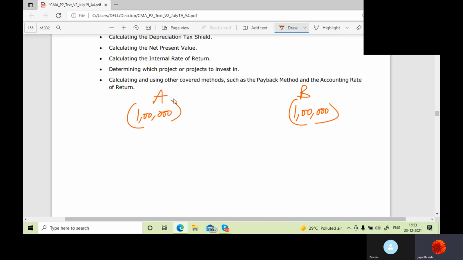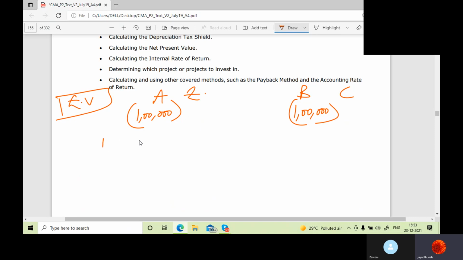Let's say you want to invest in the same project, that is, you want to manufacture electric vehicles, electric motorbikes, and you are selecting two geographical locations. One is Zahirabad in Telangana and one is Chennai, which is called the Detroit of South Asia. So these are the investments and these are the cash inflows.